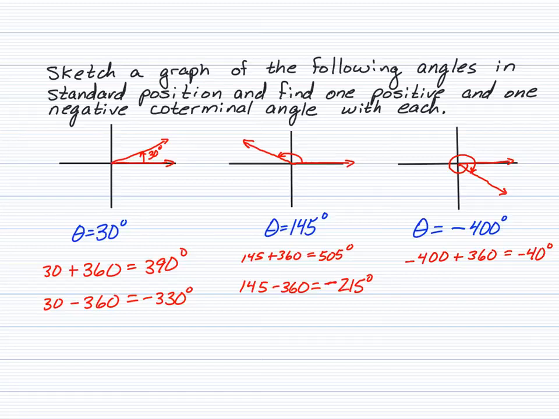If we want a positive coterminal angle, we would need to add 360 another time. And so if you take negative 40 degrees and add 360 to that, that will give us 320 degrees for a positive coterminal angle.